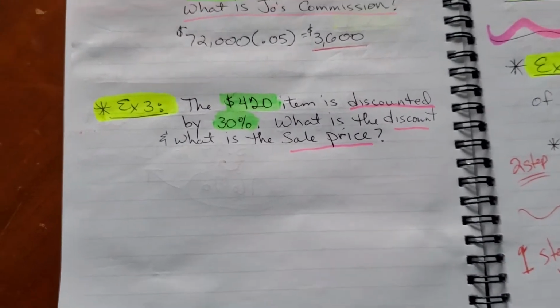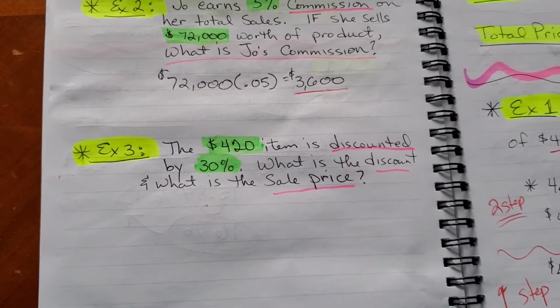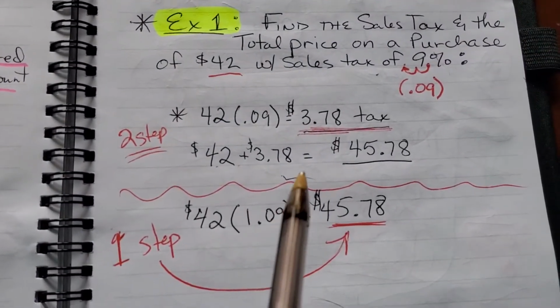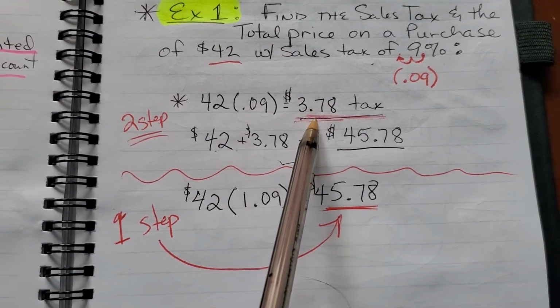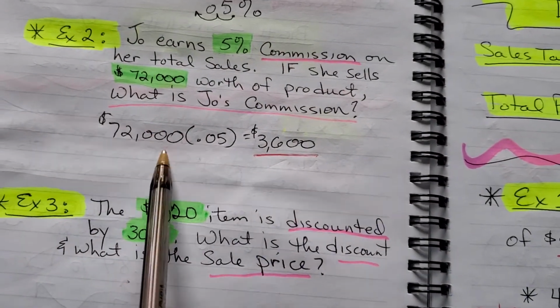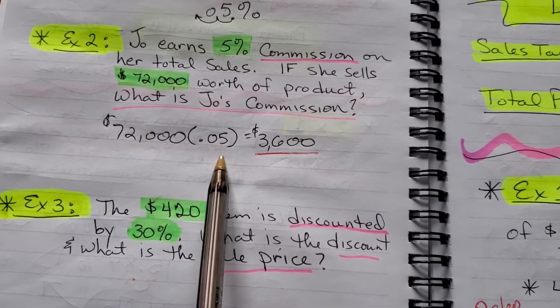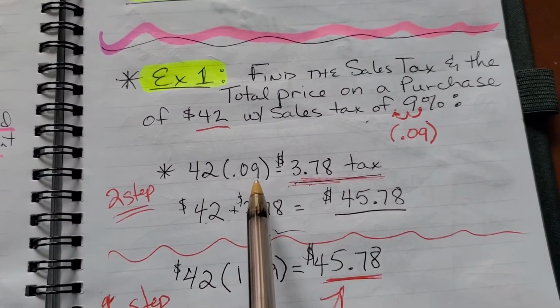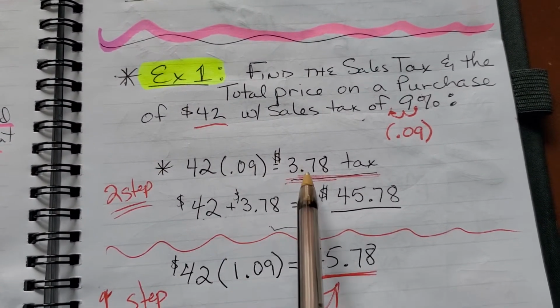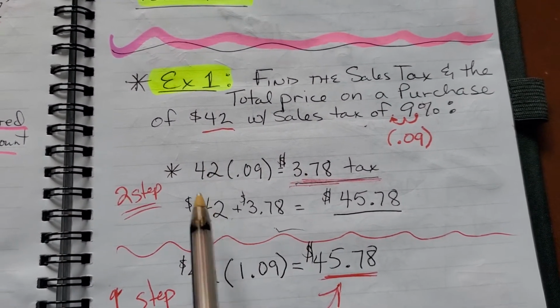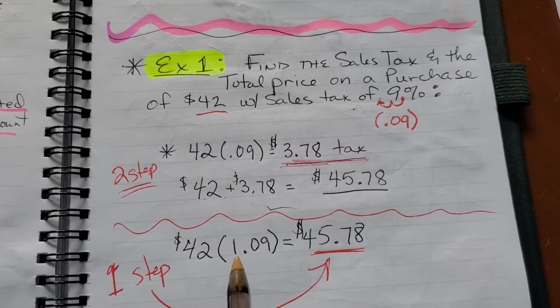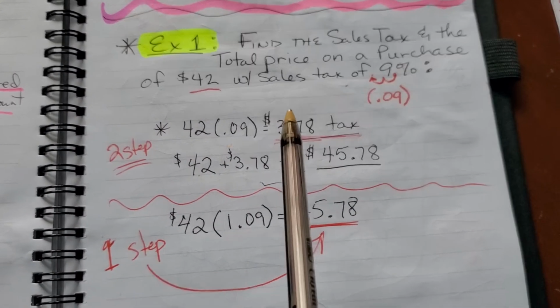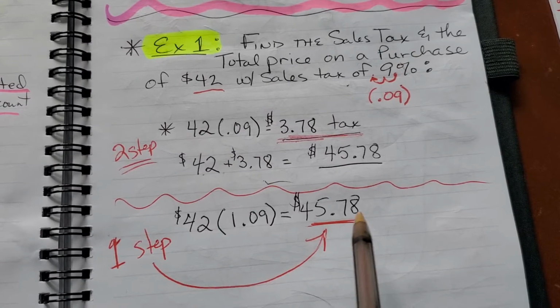Now, notice this one, when we finished up, we found our percent and we found our tax the same exact way we just found our commission. We took the original amount times the percentage written as a decimal. And then in sales, we then added that tax to the price, and then we came up with the total.